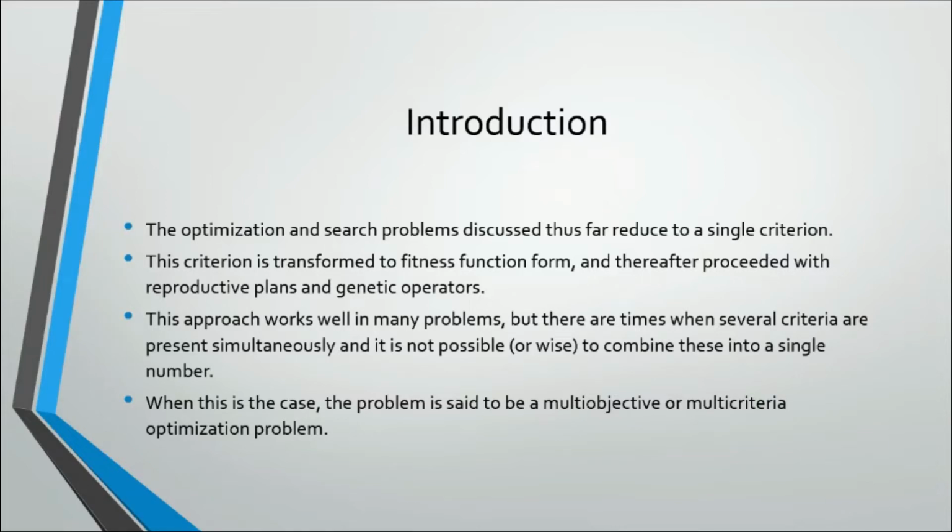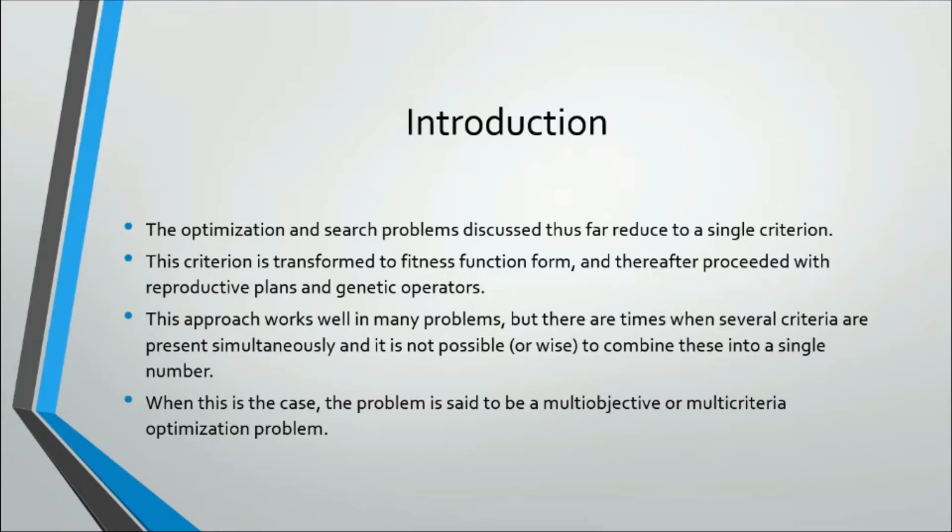But there are some types of problems in which several criteria are present, that is, we have to minimize something as well as maximize something, and all these criteria come simultaneously. It is something like purchasing a car. When you want to purchase a car, you obviously want to minimize the cost as well as maximize the comfort.